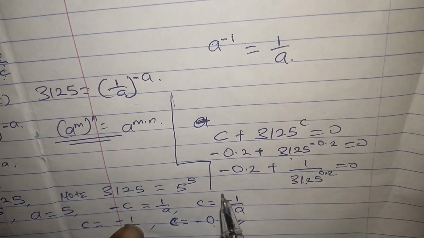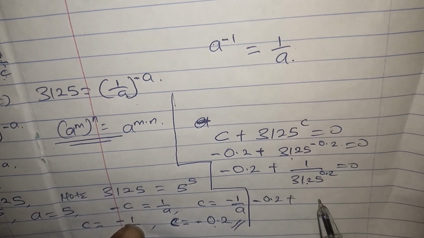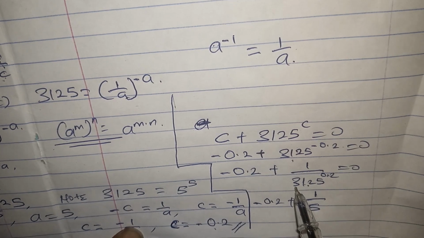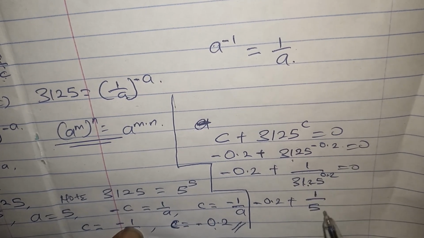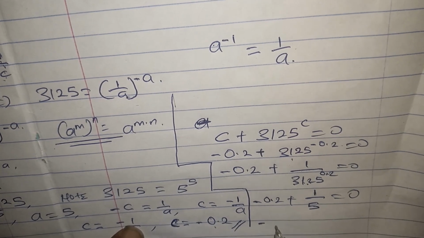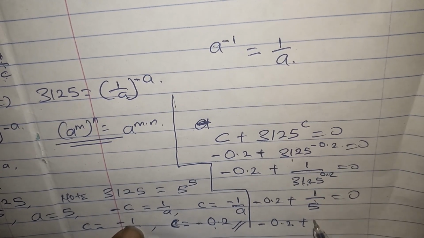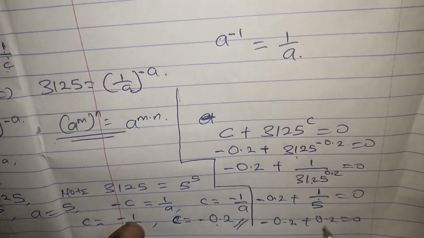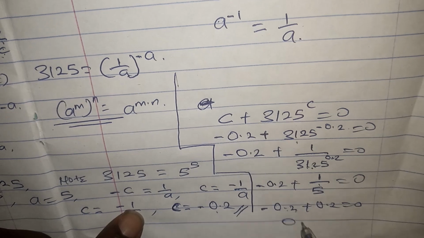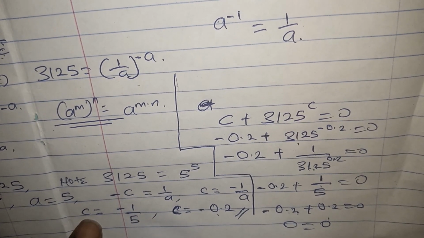So we can say minus 0.2 plus 1 over 5. If you punch your calculator, 3125 to the power of 0.2 is going to give us 5. So minus 0.2 plus 1 divided by 5 is going to give us 0.2, so you can see minus 0.2 plus 0.2 is going to give us 0. So 0 is equals to 0. So the value of c is correct.